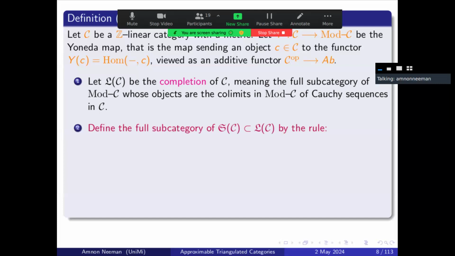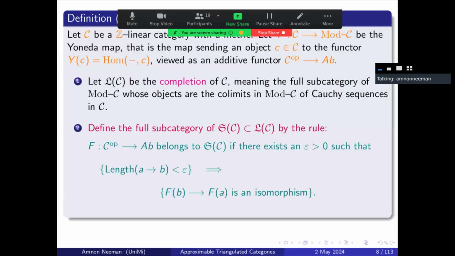The important thing that's new is that we don't want to consider the entire completion, we want to consider a subcategory of it. S(C) is defined by the rule: a functor belongs to S(C) if it takes sufficiently short morphisms to isomorphisms. That is, if there exists an epsilon, which depends on F, such that morphisms of length less than epsilon go to isomorphisms.